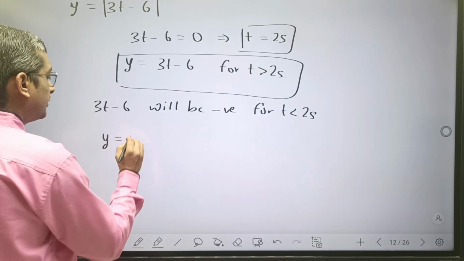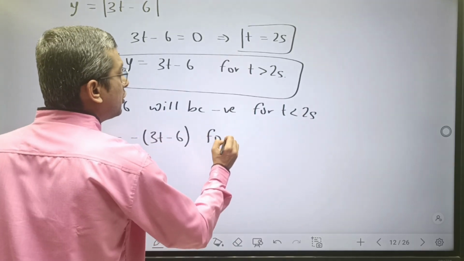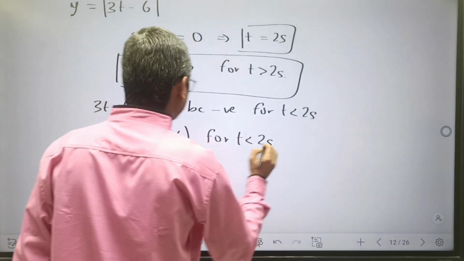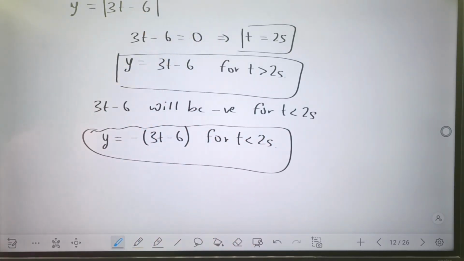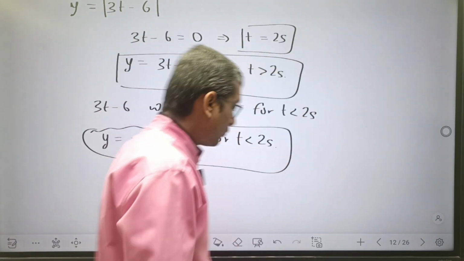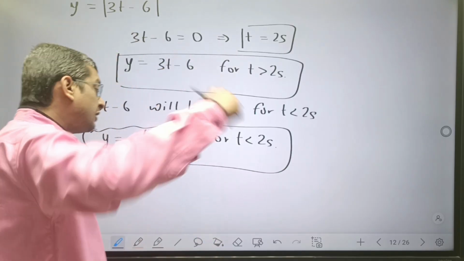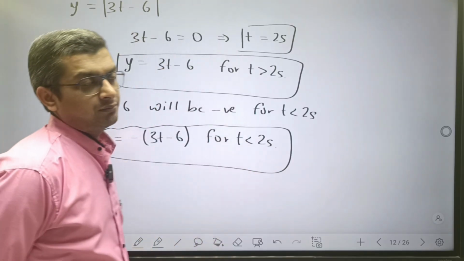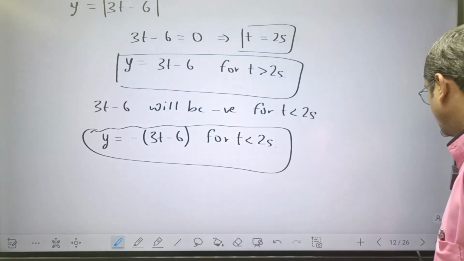So y will become equal to minus of 3t minus 6 for t less than 2 seconds. Because y is equal to mod of 3t minus 6, and if 3t minus 6 is negative, then to make it positive, multiply it by a minus sign, because the modulus function can never be negative. So this is the procedure of forming the two equations from a mod function.